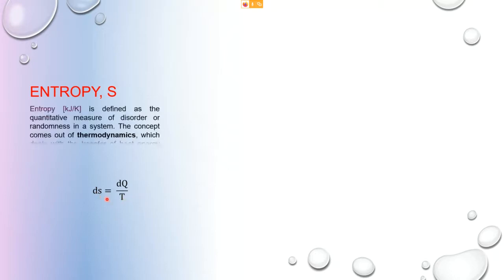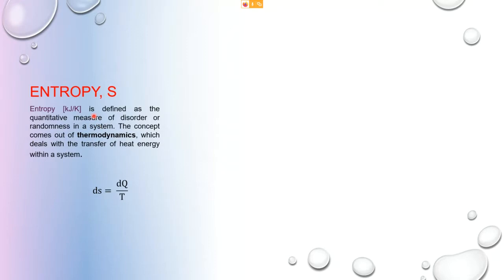The next one is entropy. Entropy is defined in general as dQ over T. So from here you can see that heat is a path function of the entropy and temperature.